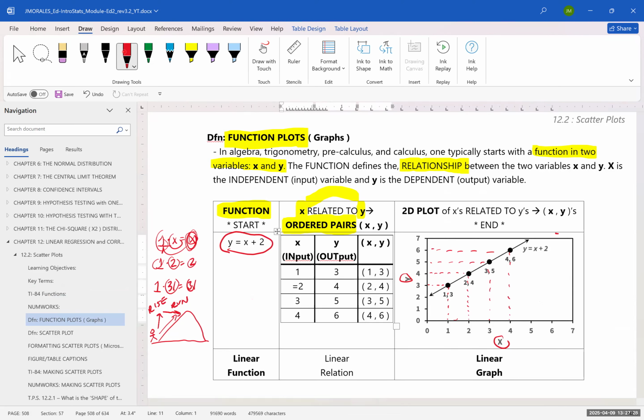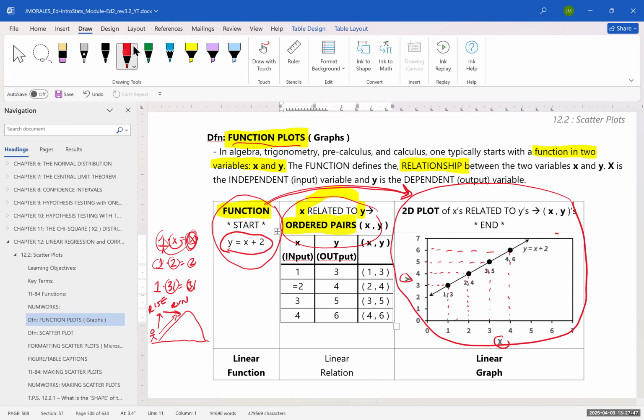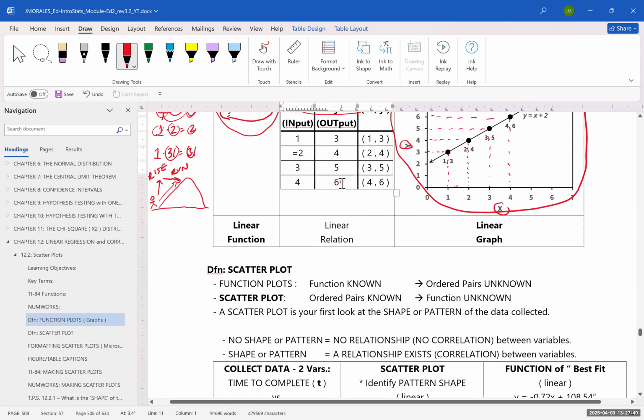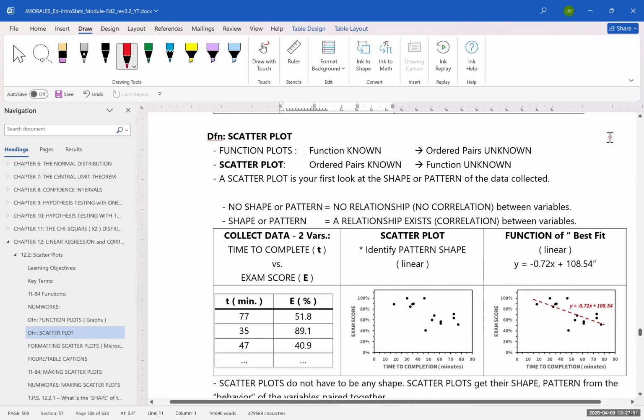Okay, so a function plot means that we start with a function and we end up with a two-dimensional graph. I showed you a little bit in detail about how we go from a function over to a graph, and we can use ordered pairs to get there. Now, with a scatter plot, it's a little different. It's in the opposite direction.